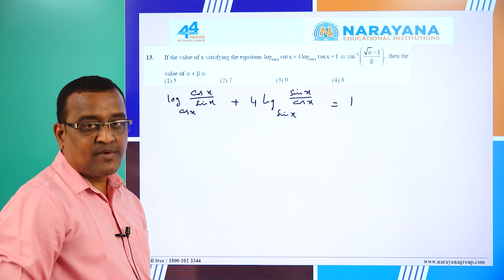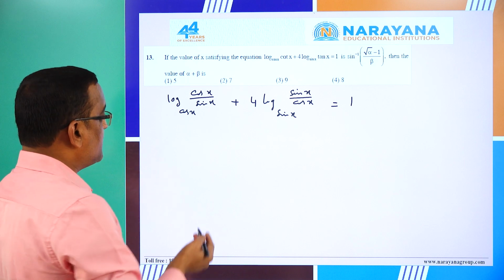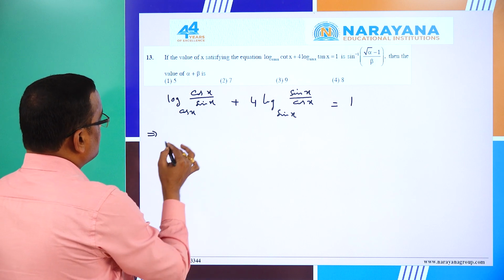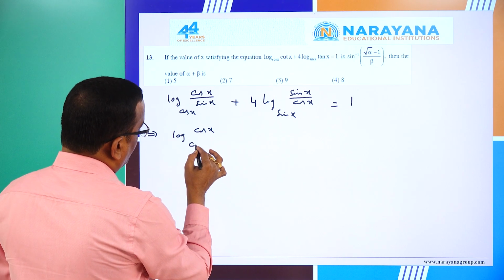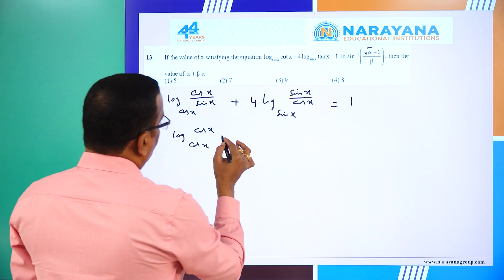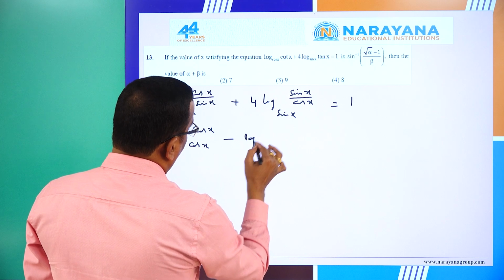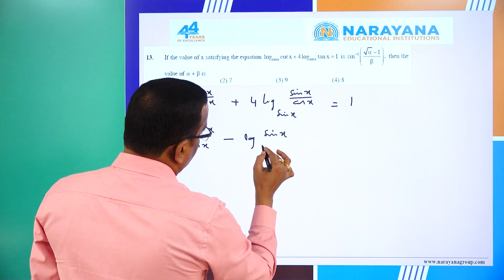And we know log of a by b is log a minus log b. That's why this is log of cos x to base cos x minus log of sin x to base cos x.